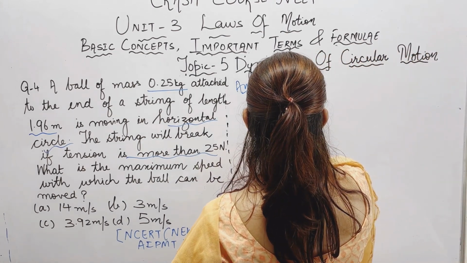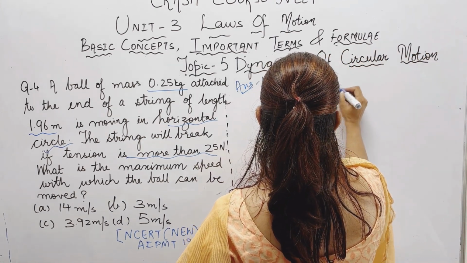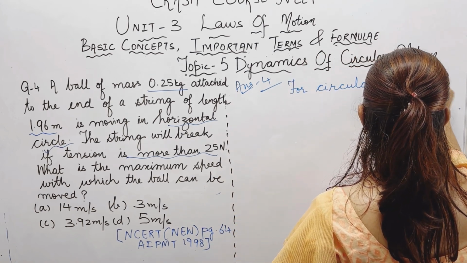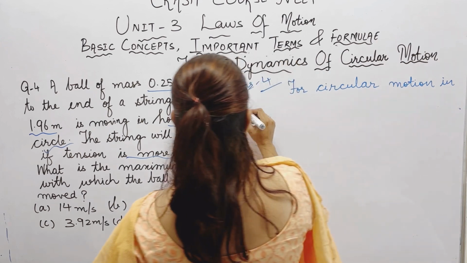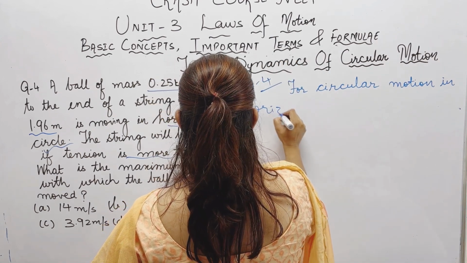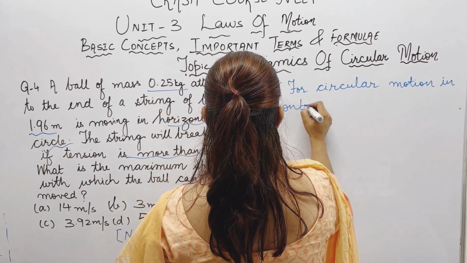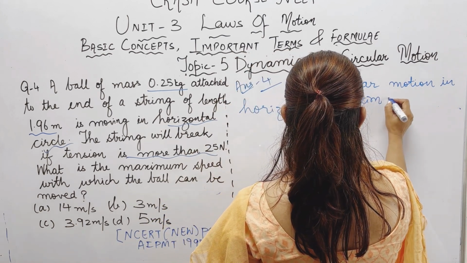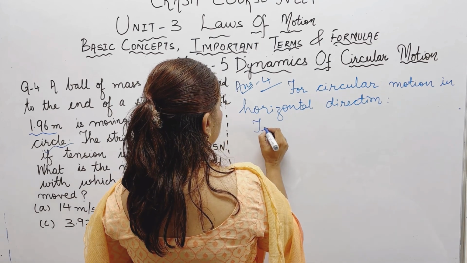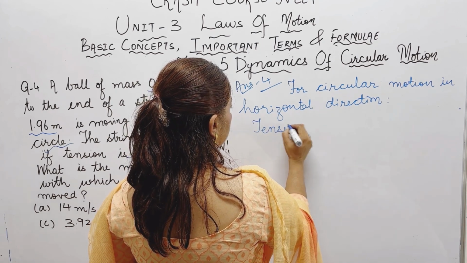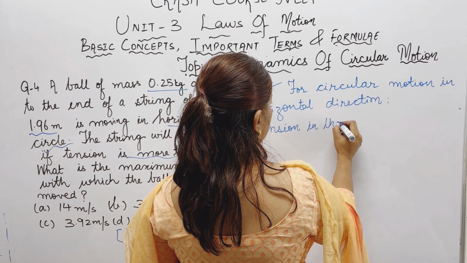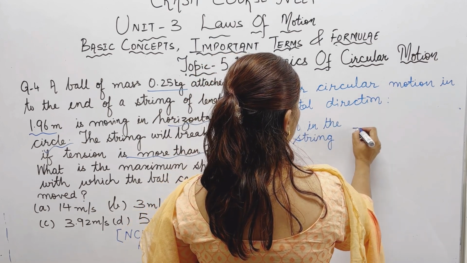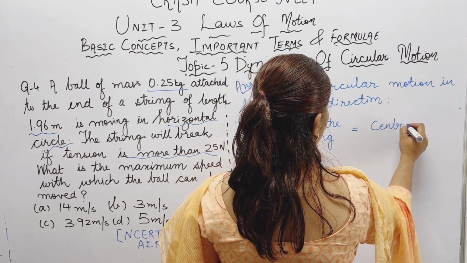For circular motion in the horizontal direction, tension in the string is equal to centripetal force.